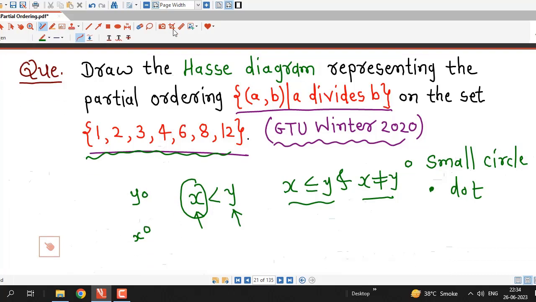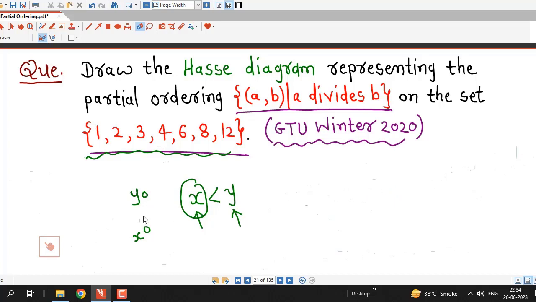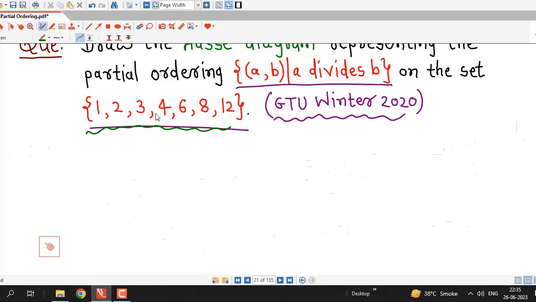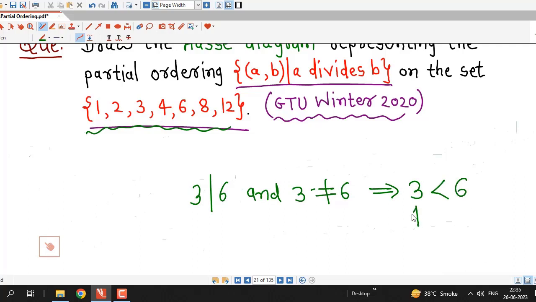The first point is that each point is represented by a small circle or a dot. The second point is, if x is less than y, then a circle for x is drawn below the circle for y. For example, here we know that 3 divides 6 and 3 and 6 are different. So this implies that 3 is less than 6. So the circle for 3 will be drawn below the circle for 6 in that sense.